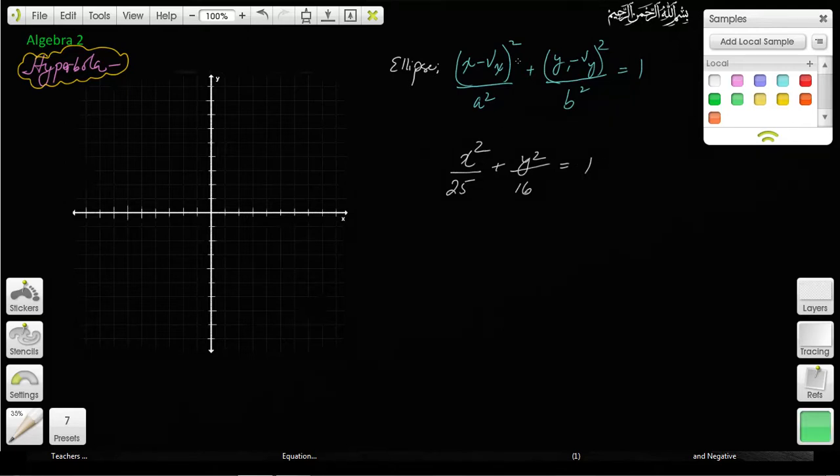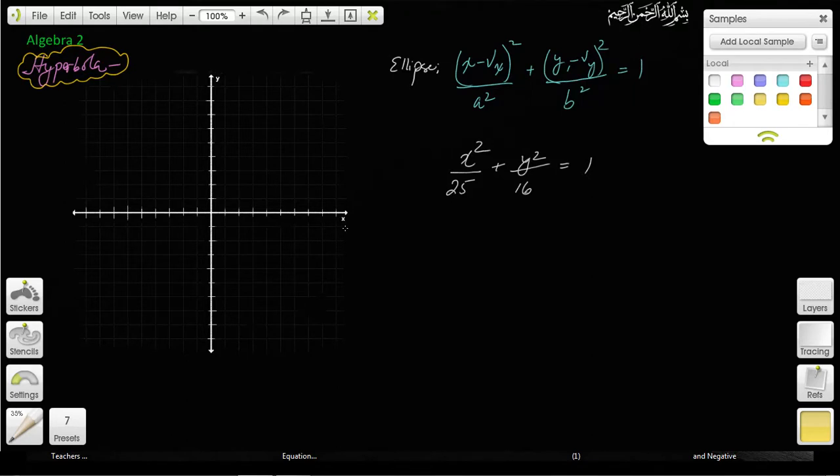In this case, Vx and Vy are 0, and therefore this ellipse is centered at the origin. I'm going to take the liberty of graphing this.